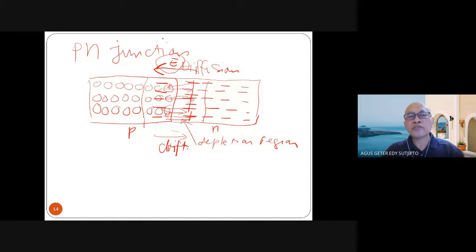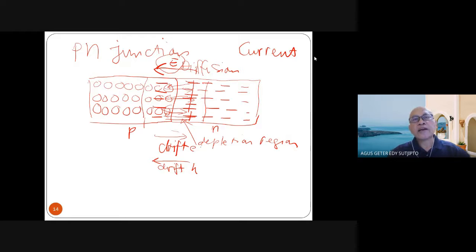Drift of electron goes to the right, and the drift of hole goes to the left. Then, the moving of electron, as we have discussed last time, can cause the current, right?